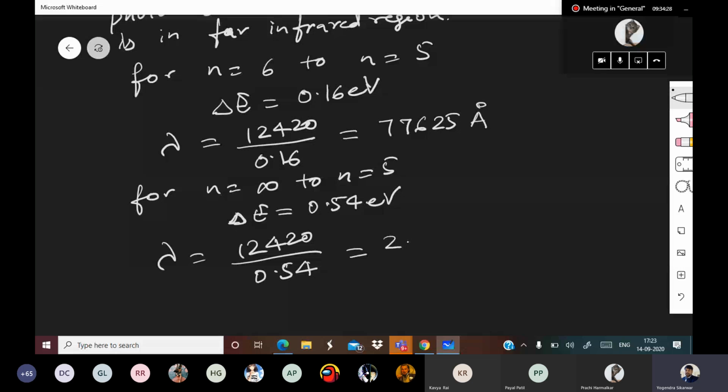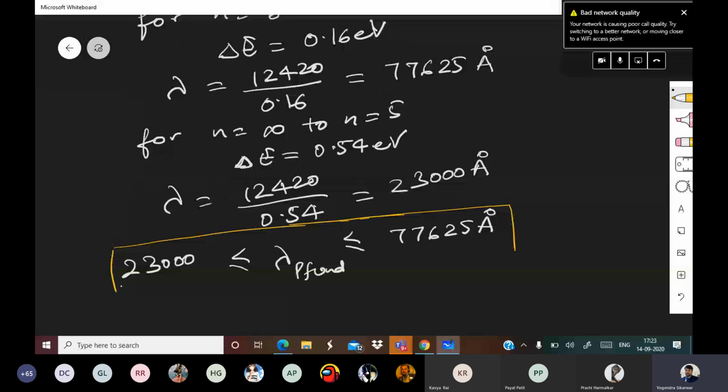So lambda of Pfund is from 23,000 angstrom to 77625 angstrom.